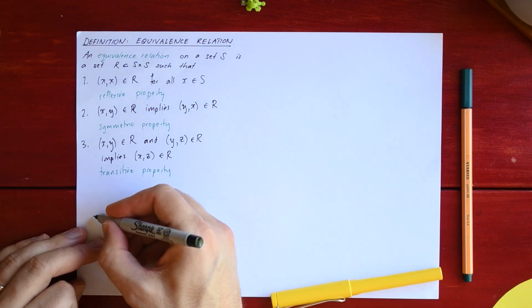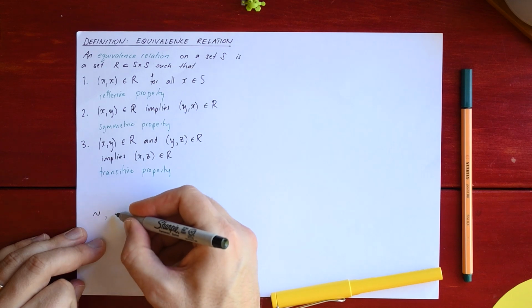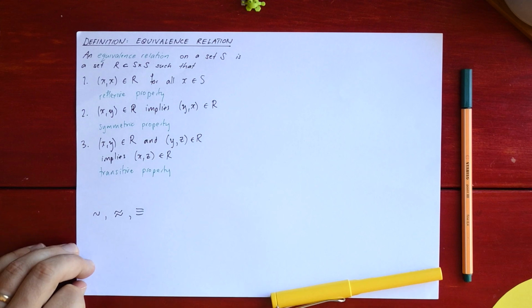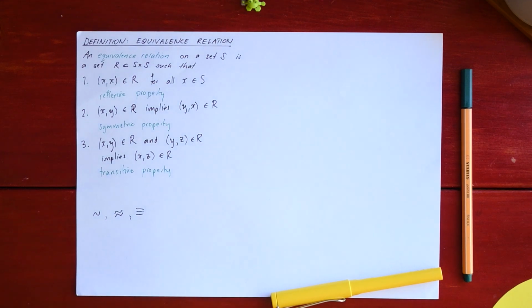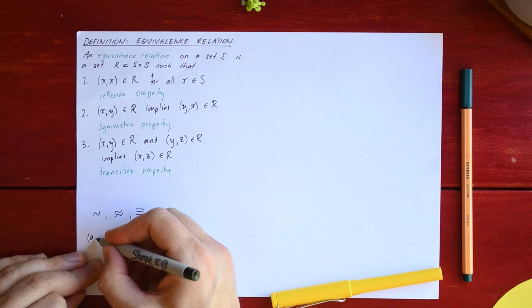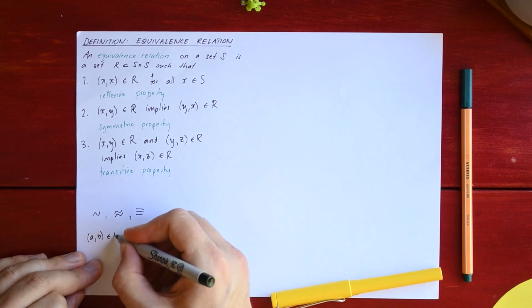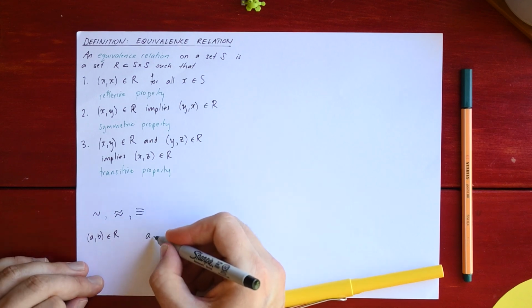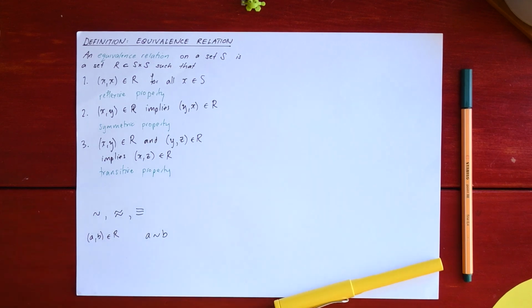For example, you might use a tilde, or an approximately equals type sign, or maybe the three bars equals. And instead of writing that AB is a member of our equivalence relation, we write A is equivalent to B using the symbol that we've defined. So this is the same thing.